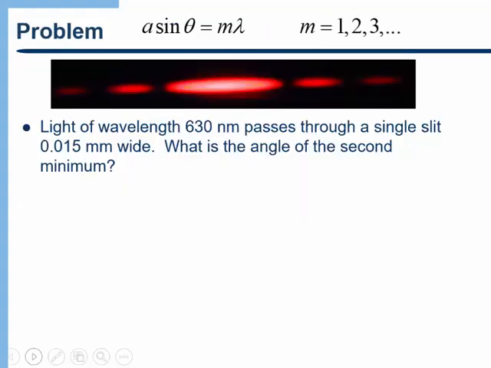Let's look at an example problem. Light of a wavelength of 630 nanometers passes through a single slit 0.015 millimeters wide. What is the angle of the second minimum? So let me draw our picture here. We now just have a single slit. It has a width A. We're putting the light through that narrow opening and then looking at the pattern that we get on the screen.